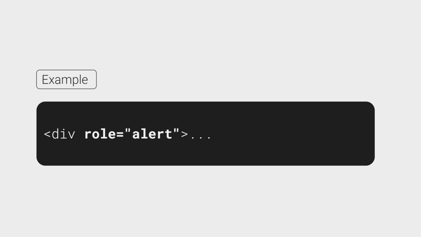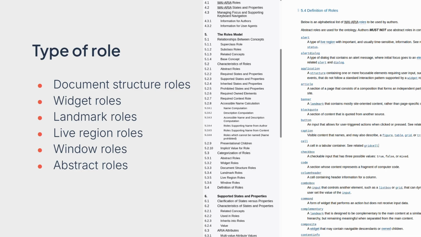So we add it like this. We just add role="alert" in this case. Not hard to do. There are a lot of types of roles. Document, widget, landmark, live, window, abstract. There's tons of them. There's a very long spec. It's a great read. I'm not going to go into all of those types, but in a lot of those cases they have been replaced with semantic HTML.